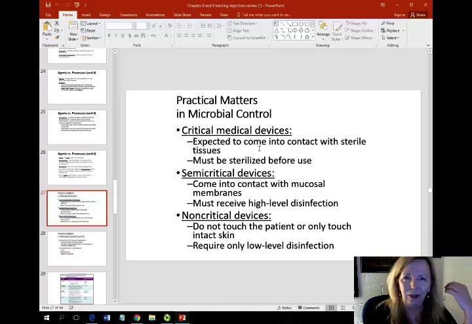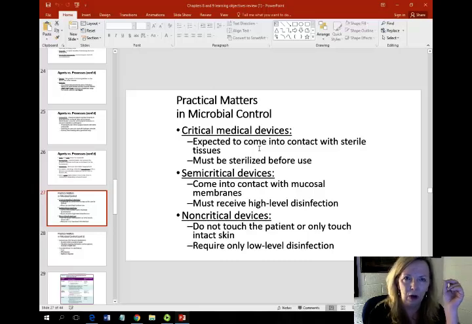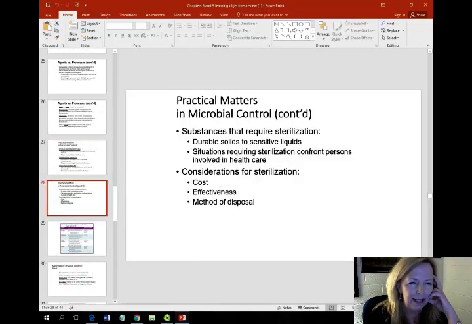Stethoscopes and blood pressure cuffs might be a real way that some things get spread from patient to patient. So people should still use some caution and common sense in keeping that equipment as clean as possible. Okay, all right.